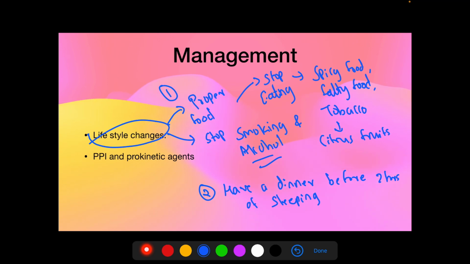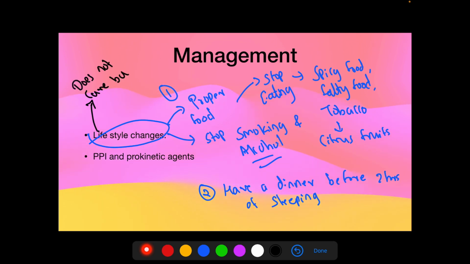Lifestyle changes do not cure, but help to decrease symptoms.